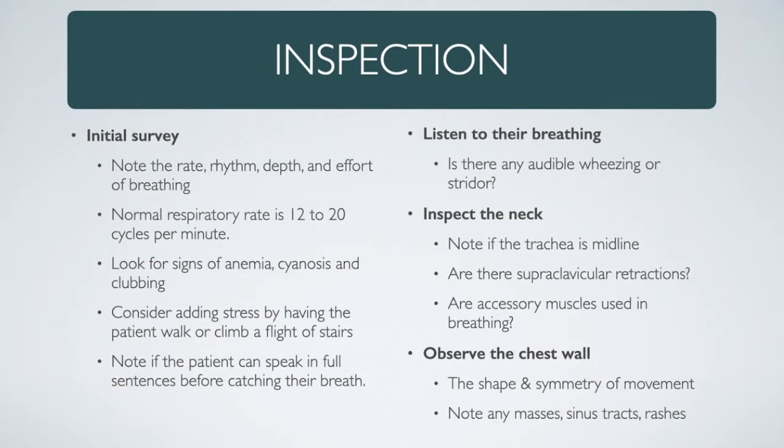Look for signs of anemia. These can be seen as cyanosis, a dusky, a darkening coloration of the mucosa or the skin below the tongue, on the palms, or on the feet. You could also see signs of chronic insufficiency of blood, as for example, in clubbing, finger clubbing. When you assess for clubbing, you can put two forefingers together, nail to nail. You should be able to see a gap between the nail beds.